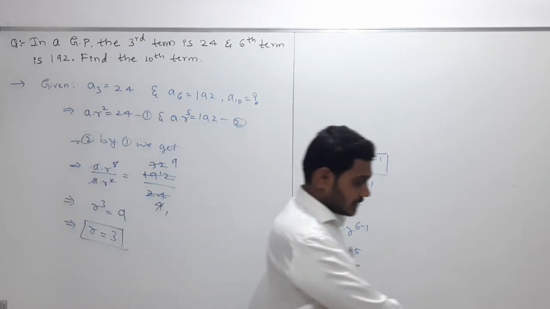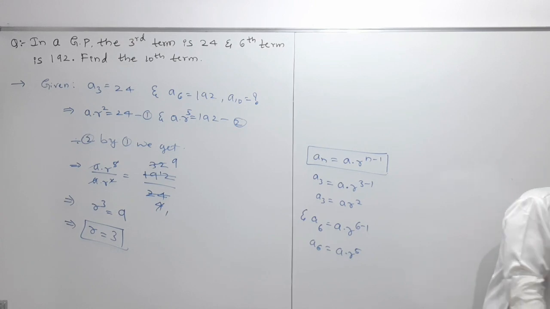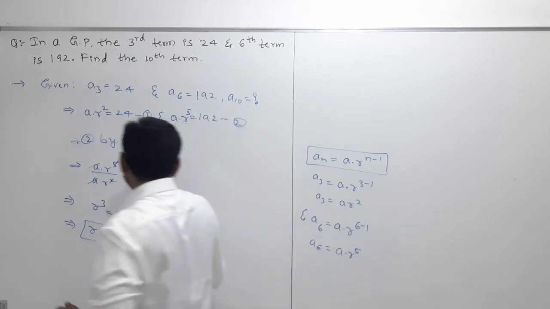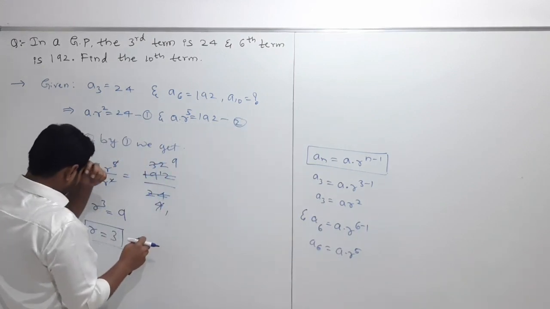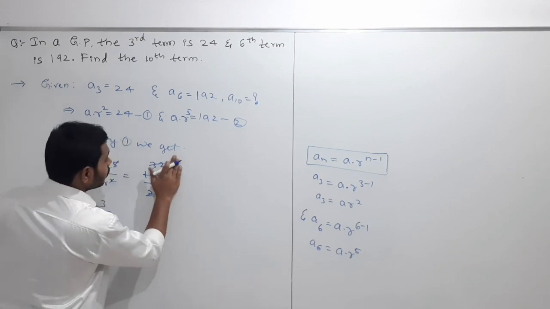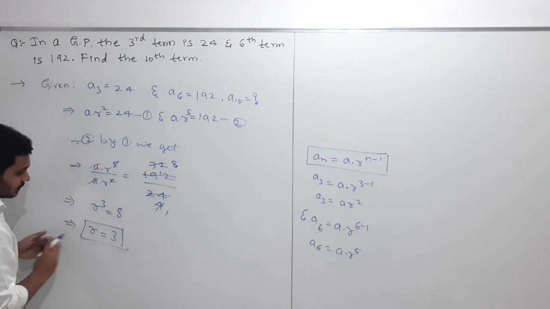Further, if you simplify, I think you will get 8. Sorry, some of this we did wrong. Therefore r cube is equal to 8.